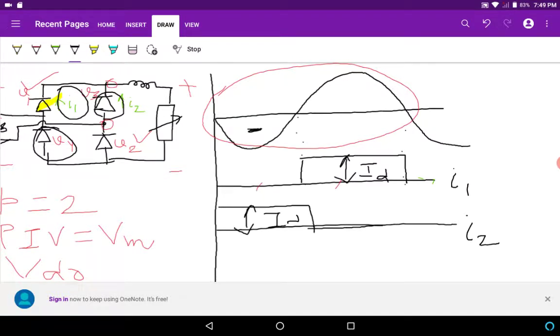So these are the currents I1 and I2 flowing on the secondary side of the transformer. But if you translate this to the primary side of the transformer, you will get a square wave kind of waveform, because this is secondary current I1 and this is secondary current I2.